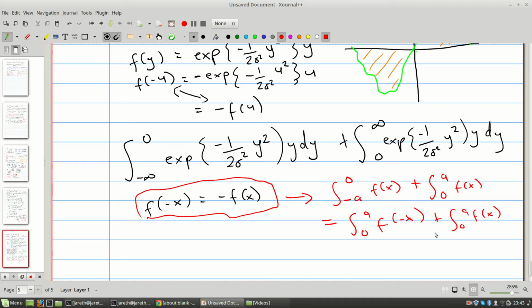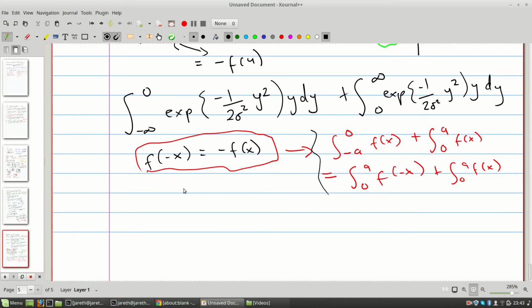This is how we can rewrite this expression.